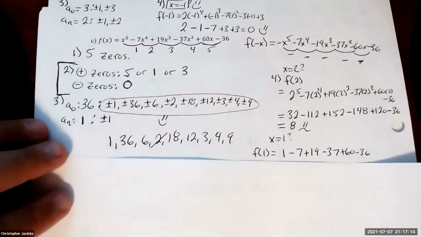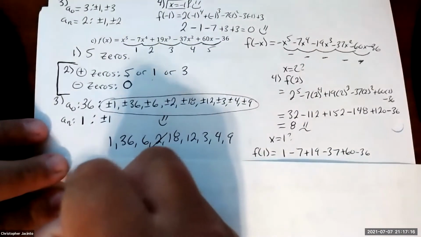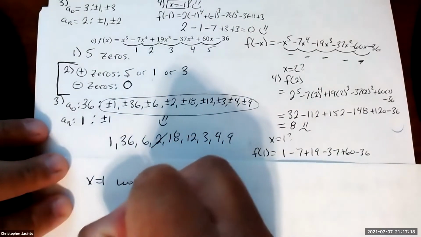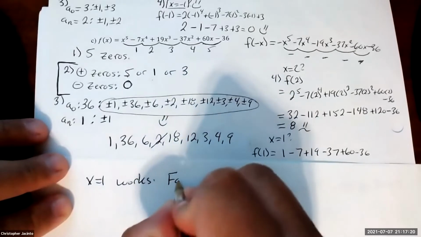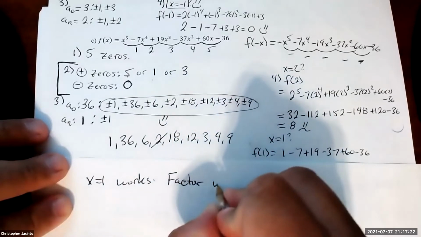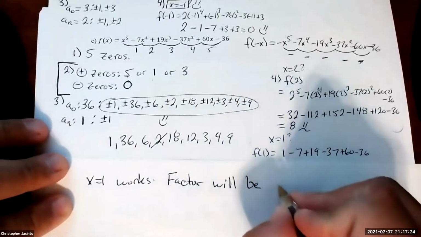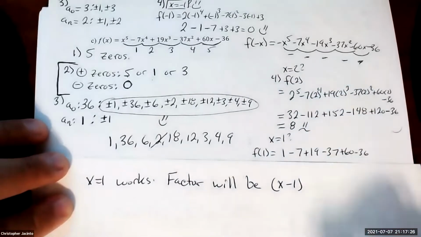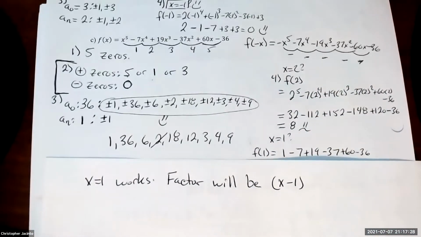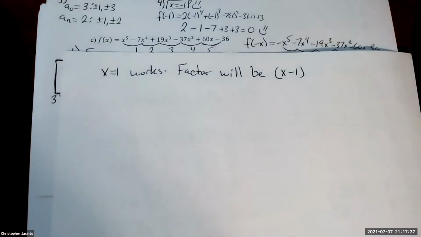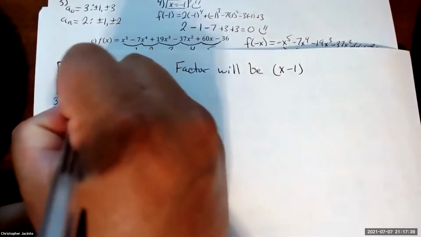So x equals 1 works. So the factor will be x minus 1, in parentheses. And since we know it works, now we can use synthetic division to slowly break this one down. So we know 1 works.